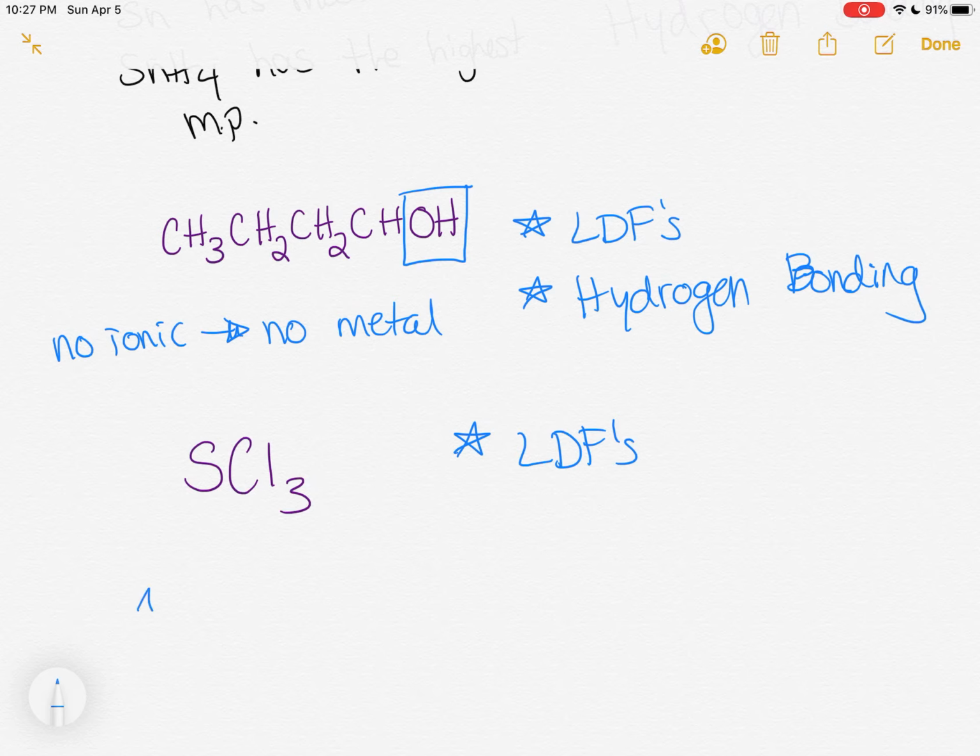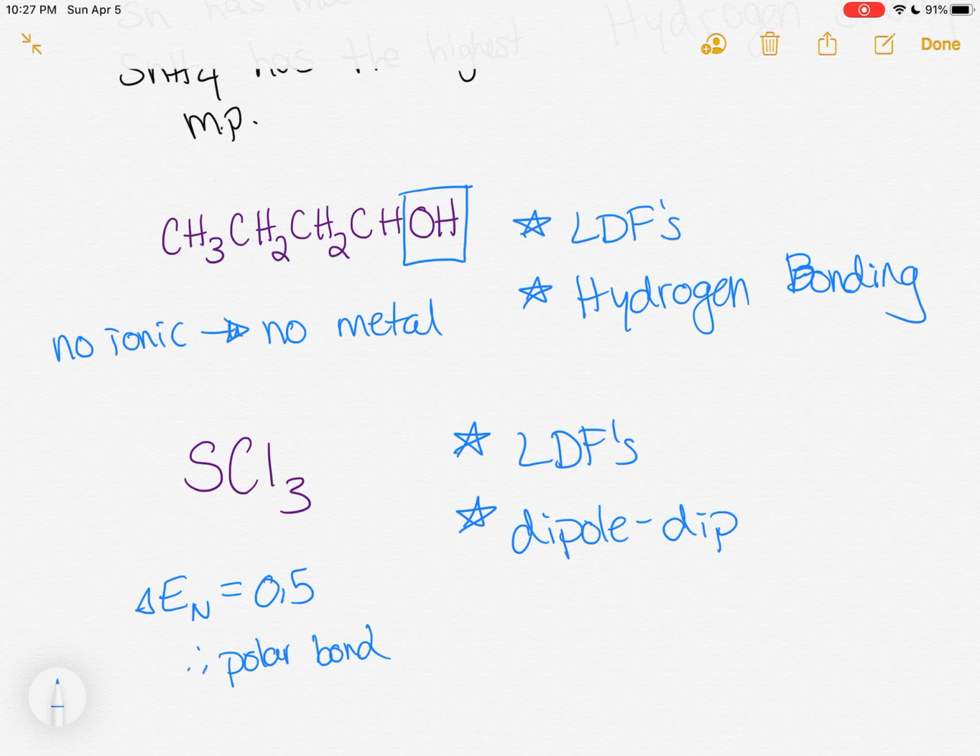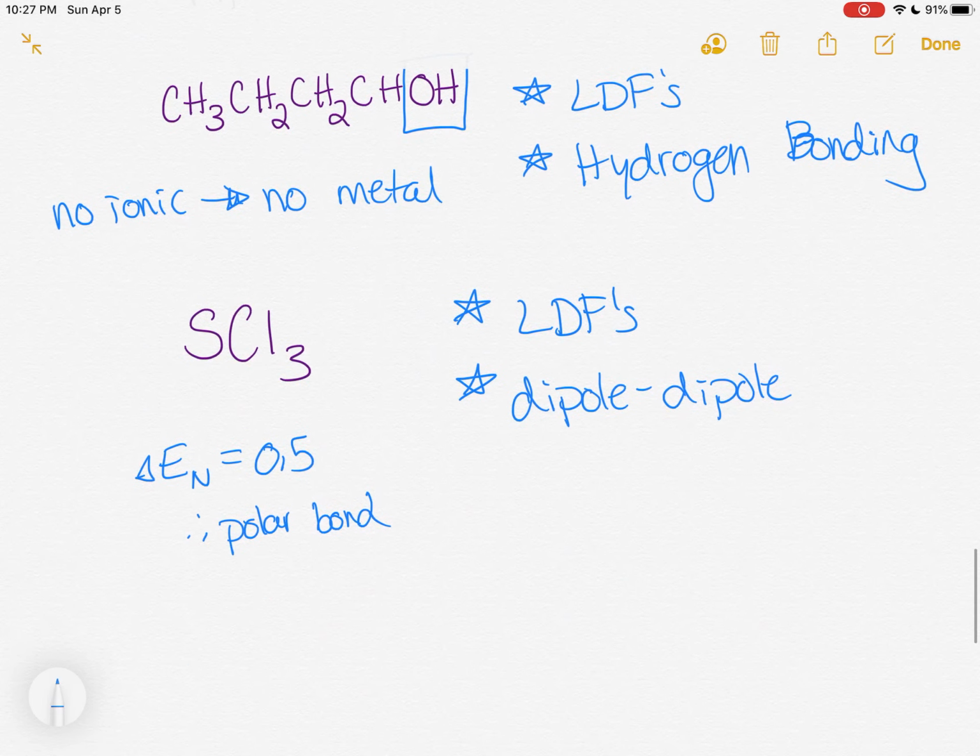The difference in electronegativity between sulfur and chlorine is 0.5, so we know that means a polar bond. Since there's a polar bond, we have dipole-dipole forces. We just need to have a polar bond to have those dipole-dipole forces. Again, we know it's non-ionic because there's no metal, and we don't have those special atoms that we need for hydrogen bonding, so no hydrogen bonding. So we just have LDFs and dipole-dipole forces.